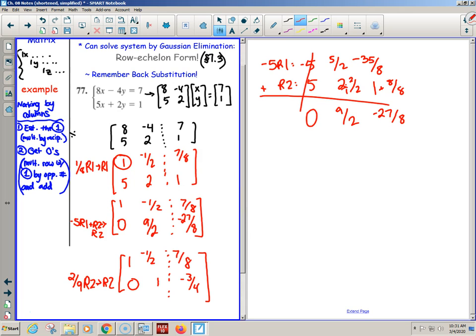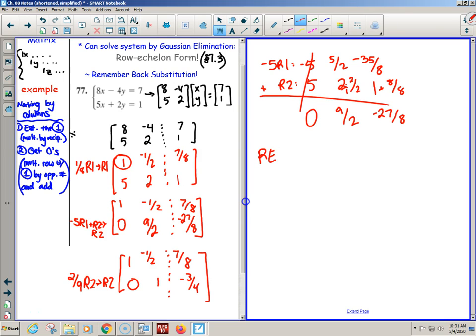Now at this point, I am technically in what we call row echelon form. Because row echelon form says, after doing just that, your matrix can tell you what your system would be in a way that you could just do a back substitution and be done.